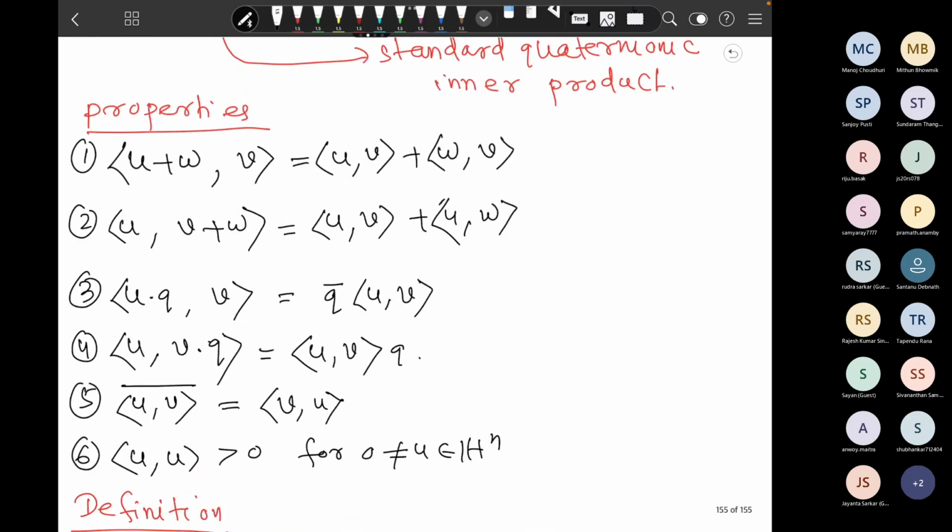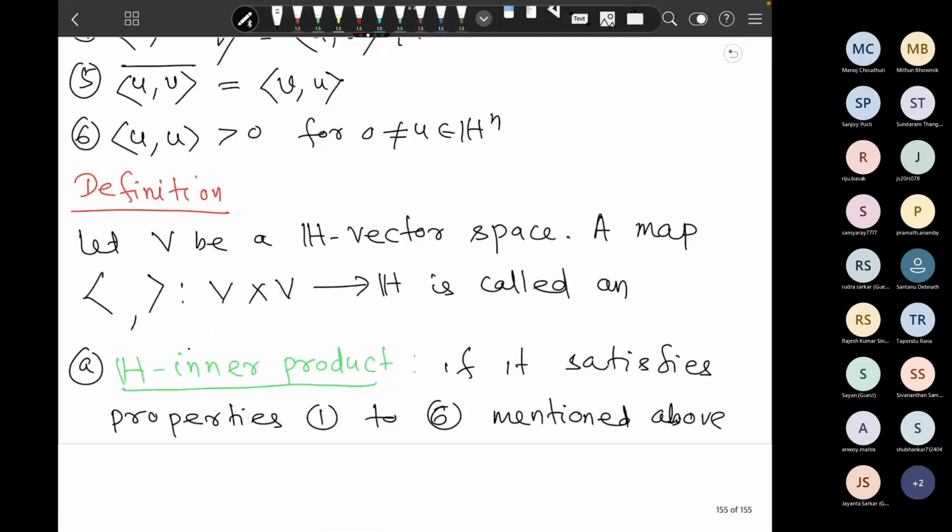If it satisfies the first 5 properties, then it will be called an H Hermitian form.